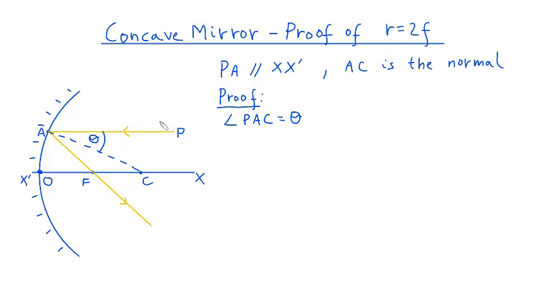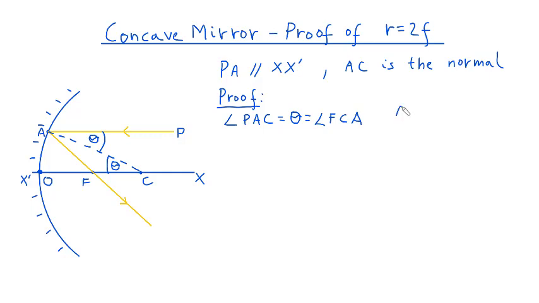Now, because PA is parallel to x prime, this line here, that means that this angle here is also going to be equal to theta. So this angle here is the same as this angle here. This angle here is FCA. And as I said, this is because PA is parallel to x prime.